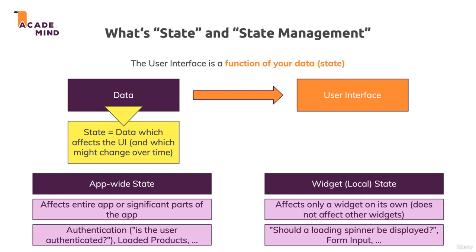Things like, is the data the user entered valid, or are there errors in the data the user entered? That's really only relevant to this widget because you might want to show an error message there. It's not relevant to a totally different part of your app. So these are roughly the categories of state which you can differentiate, and state in general is really just data in your app, which changes and affects your UI.